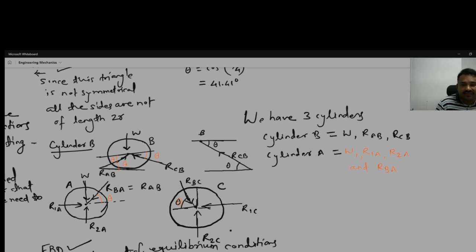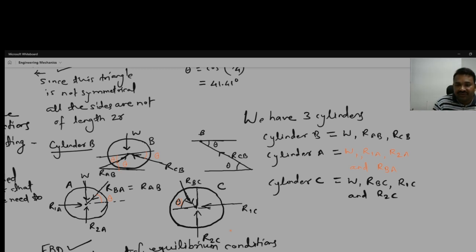What about cylinder C? What are the forces? Its own weight, then R BC, then R1C and R2C.